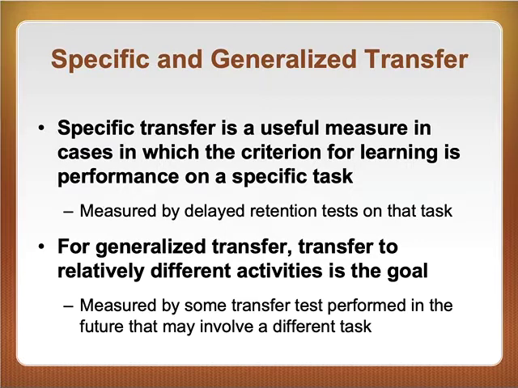Now, generalized transfer is transfer to relatively different activities in the goal. Obviously, they're going to shoot in more than just that one spot, that one time. So we're going to see if they practice shooting in that one spot over and over, when they get into the game and move to different spots, but still stay maybe 5 feet away from the goal, did their overall shooting percentage go up?